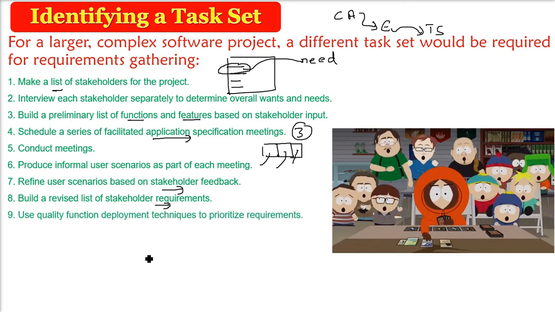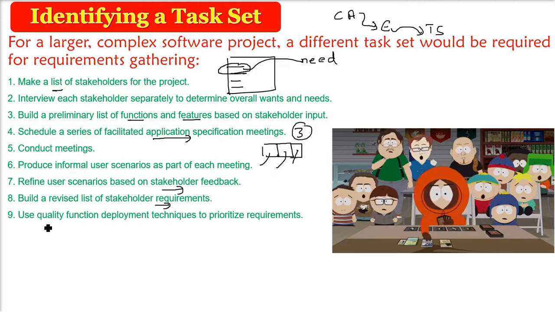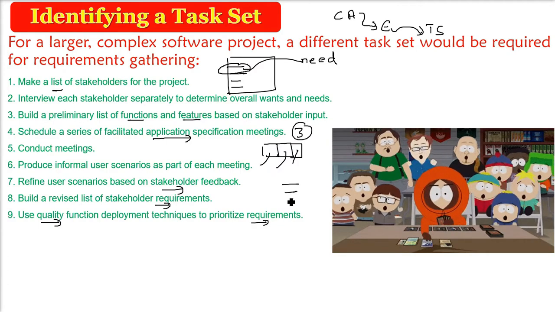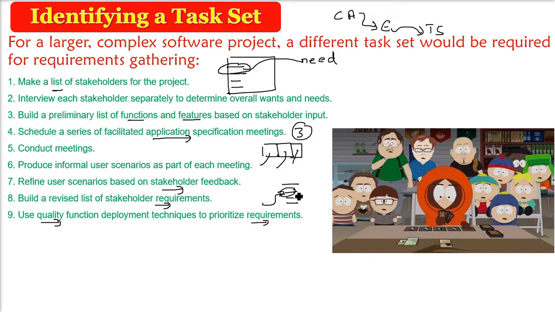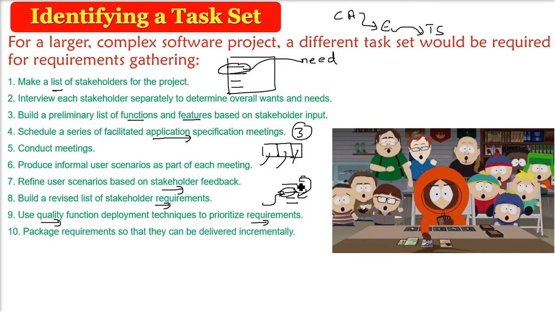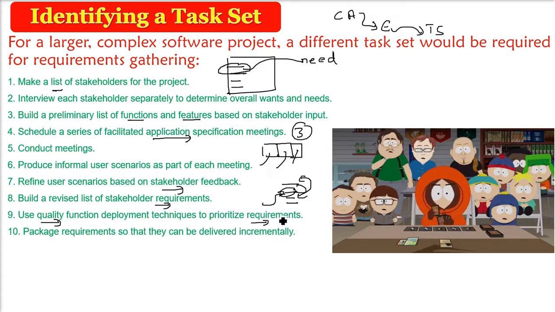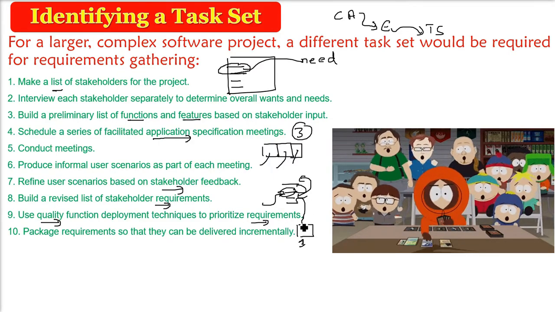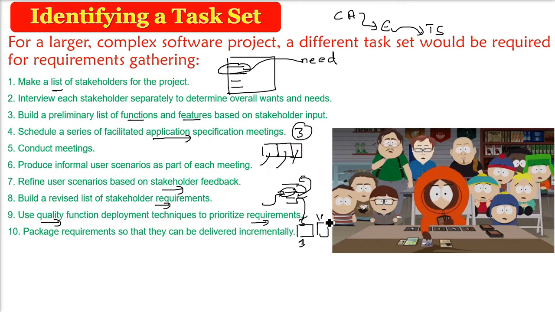You have to refine it. Now, what quality aspect are you going to put here? You have to use the quality function deployment technique, because you have to prioritize the requirements, and then you also have to talk about the quality. Quality is important for a big and complex project. So now you have to package these requirements so that you can adjust them to deliver incrementally.